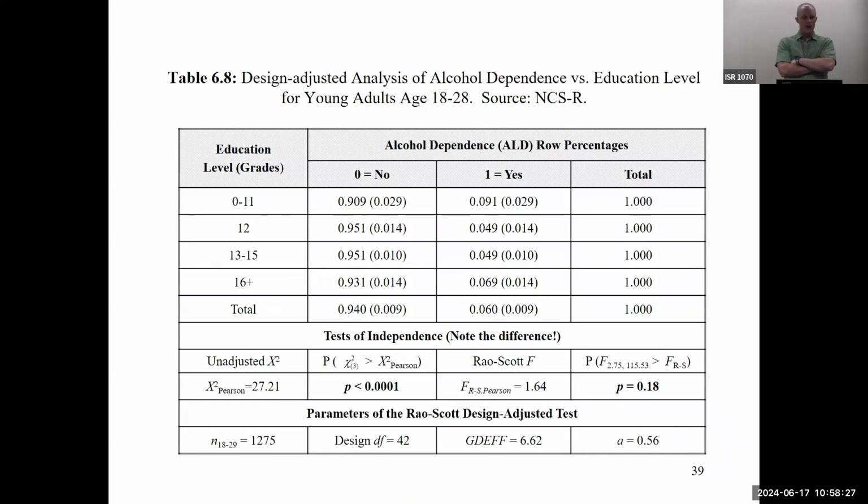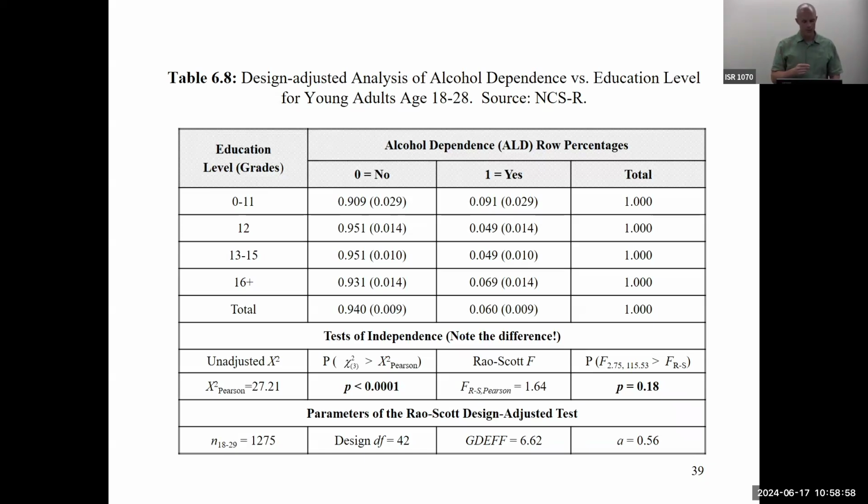So looking at those weighted estimates, it seems like individuals with less than high school education have the highest risk. But then there's this U-shaped relationship, right? For people with high school or some college, they tend to have the lowest estimates. And then coming up to people with college, there's a little bit higher estimate. Again, kind of like this U-shaped curve showing this association. Row proportions sum to 1, as we would see.